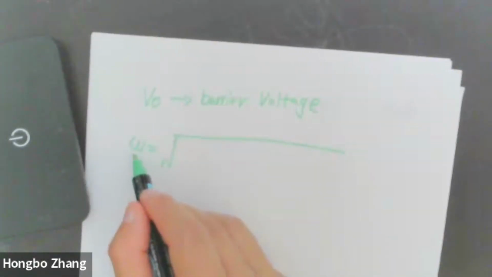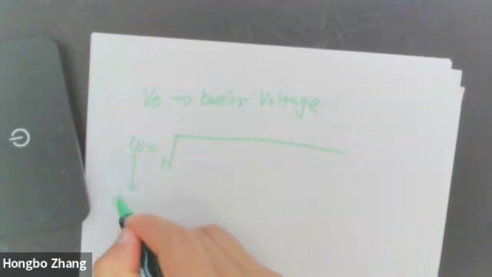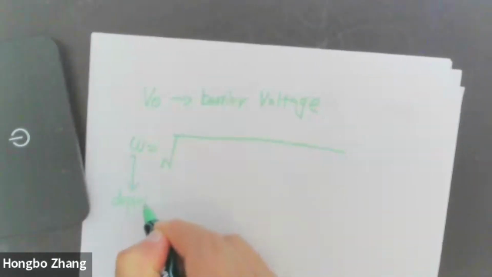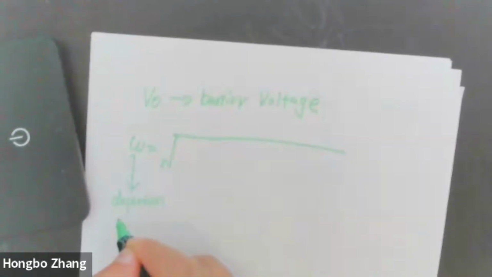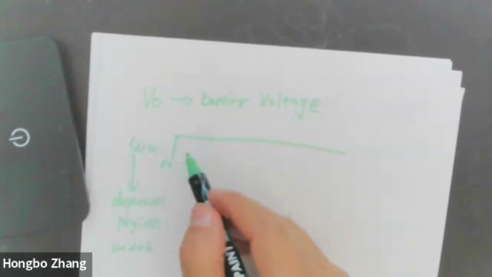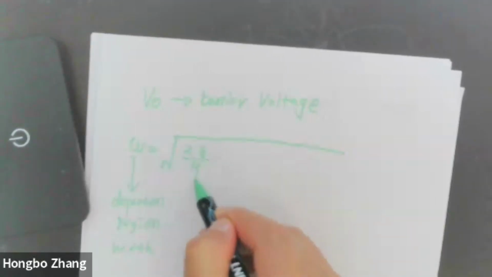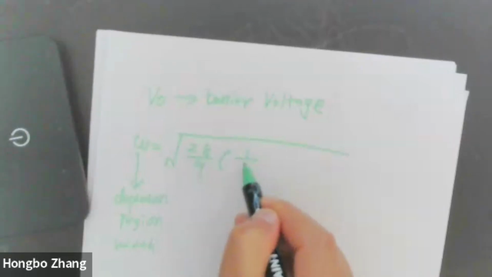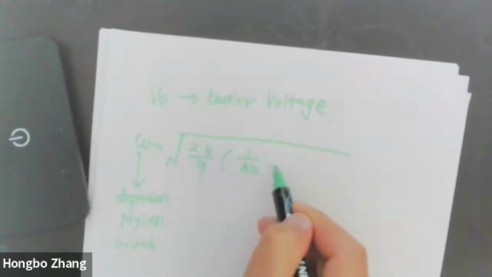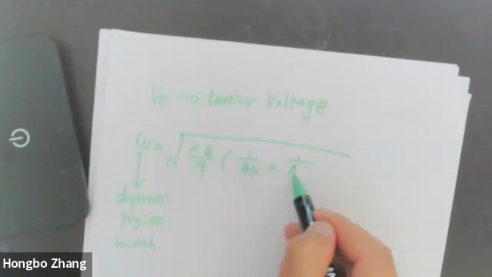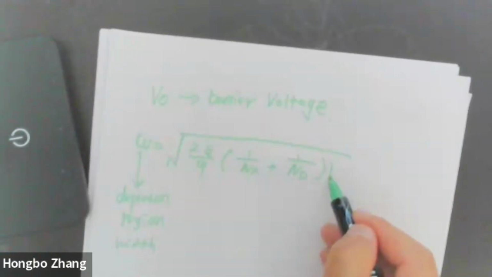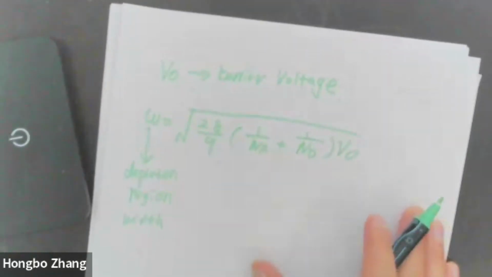The equation relates the permittivity: W equals the square root of 2 times the permittivity divided by Q, multiplied by 1 over NA plus 1 over ND, multiplied by VO.